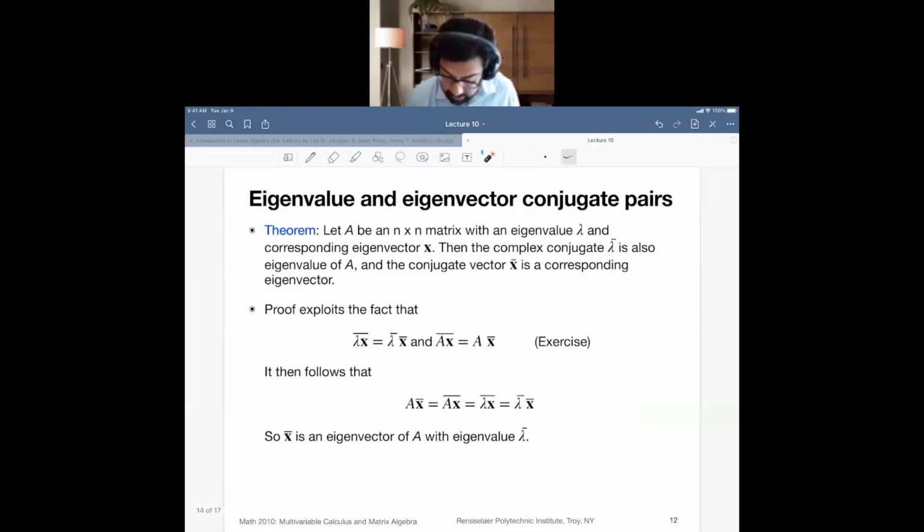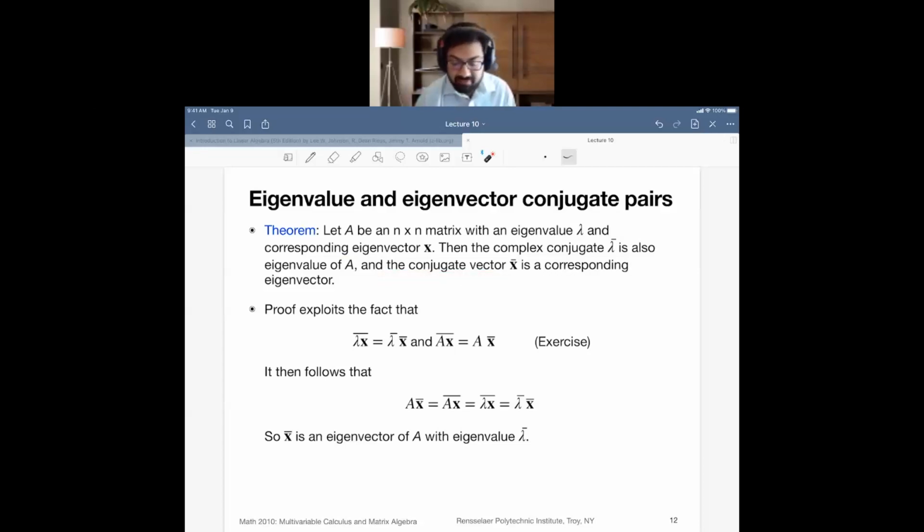Next, we have a theorem relating eigenvalue and eigenvector for complex conjugate pairs. The theorem is, if A is a square matrix and it has an eigenvalue lambda that corresponds to eigenvector x, then the complex conjugate lambda bar is also an eigenvalue of A, and its corresponding eigenvector is going to be the conjugate vector x bar.